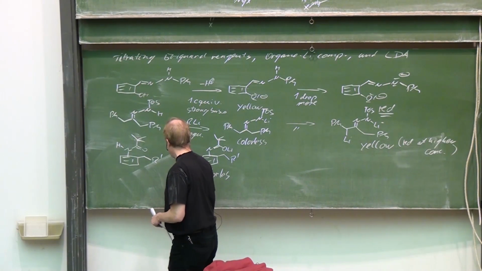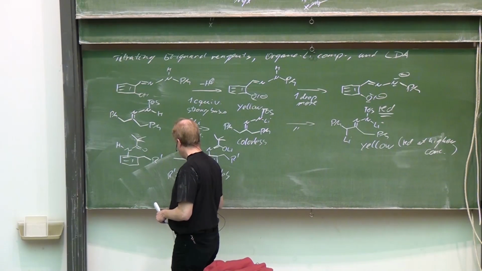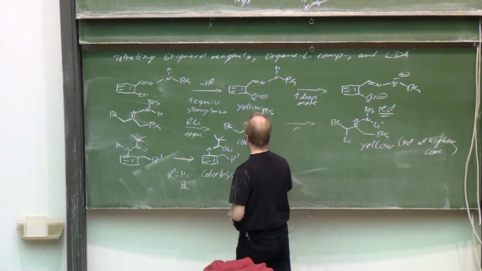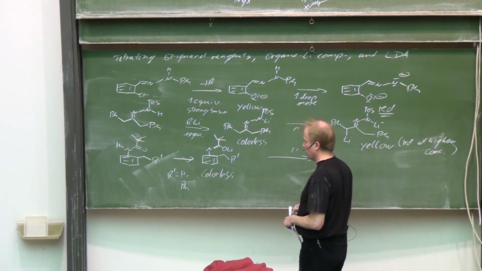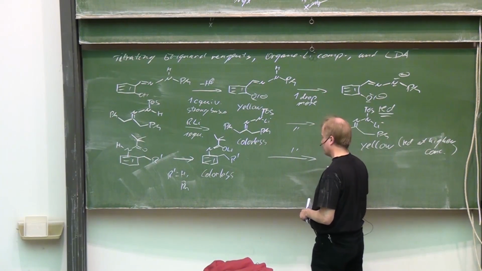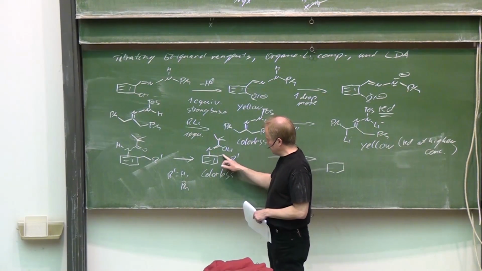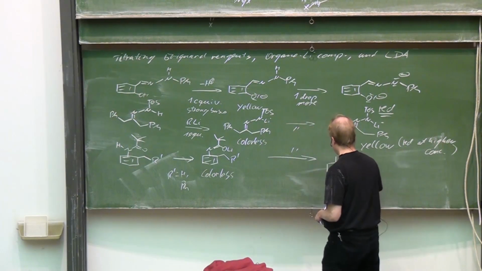With R prime either a hydrogen or a phenyl group, one drop more of a strong base then deprotonates in the benzylic position, or if it's a phenyl group, the double benzylic position.